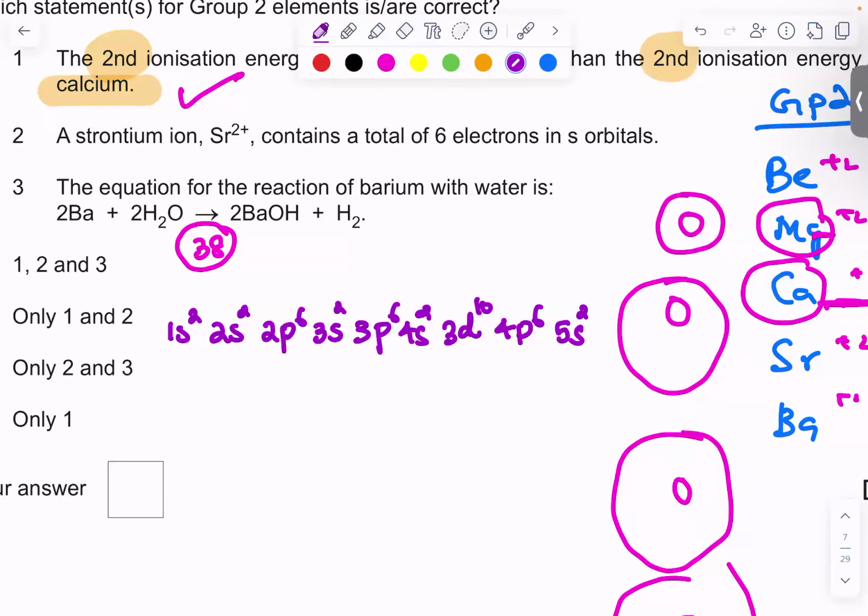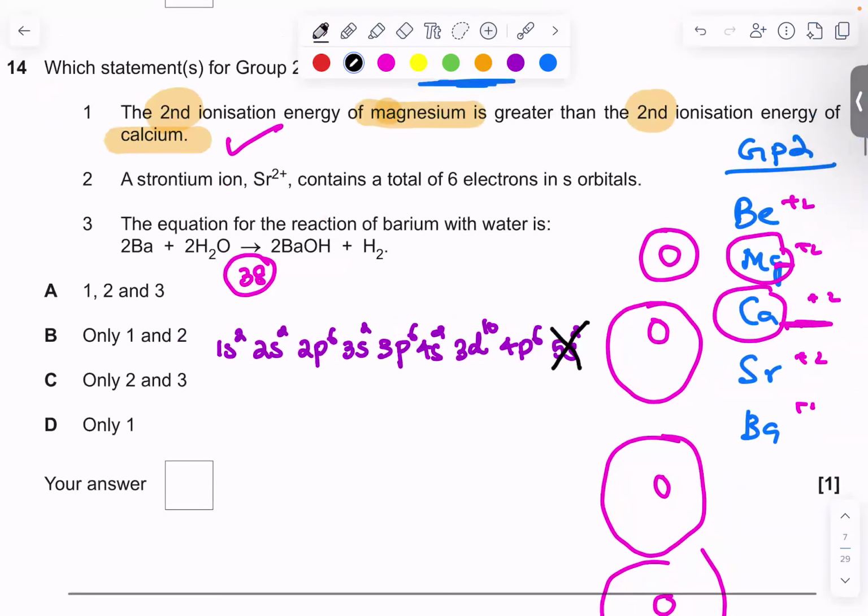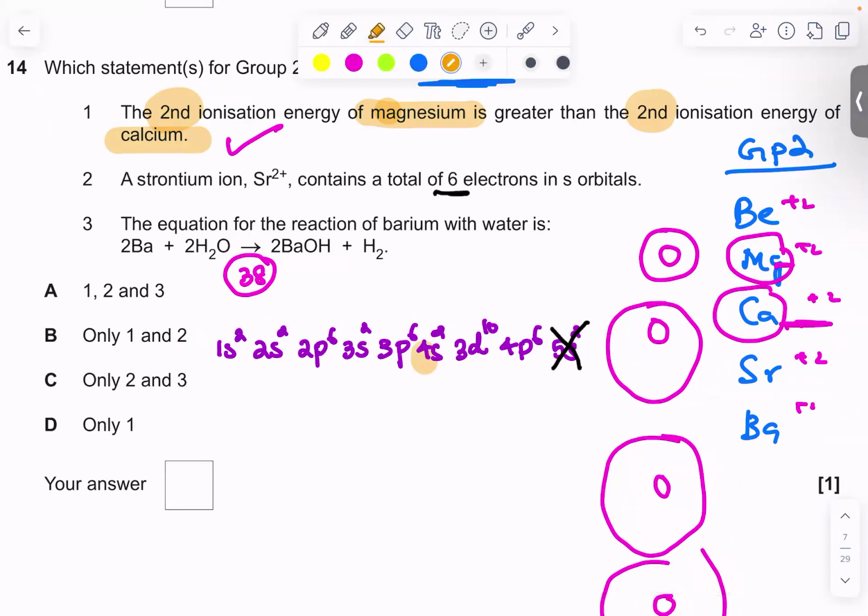So the strontium 2+ ion. Plus 2 ion means I need to remove these two electrons. The statement says a strontium ion contains a total of 6 electrons in the s orbital. Let me highlight the s orbitals. This is the s orbital, and this is the s orbital, and this is the s orbital.